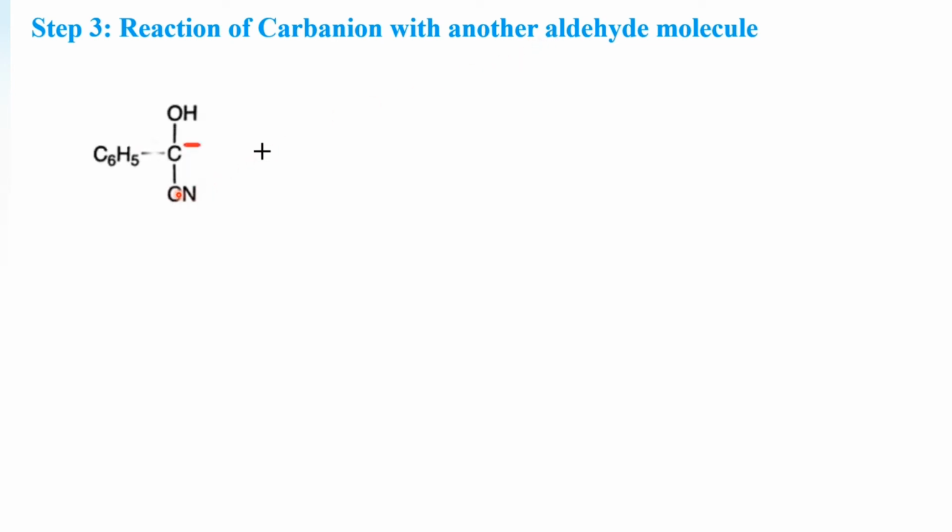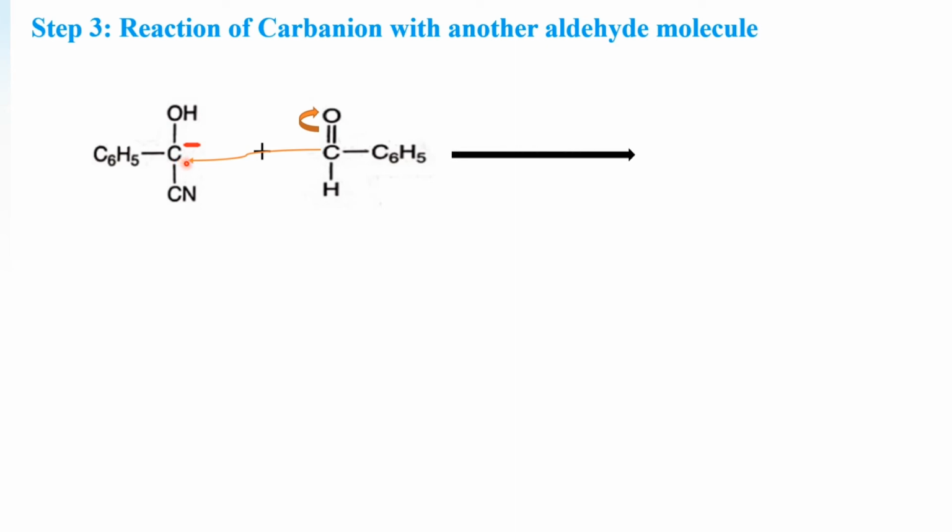Now we'll see the third step, the reaction of the carbanion with another aldehyde molecule. We have taken that carbanion and treated it with another molecule of aldehyde, which acts as an electrophile. By that addition, the double bond between carbon and oxygen would be cleaved and the bond becomes a negative charge. To satisfy the valency of this carbon, it has to unite with the carbon having the negative charge.